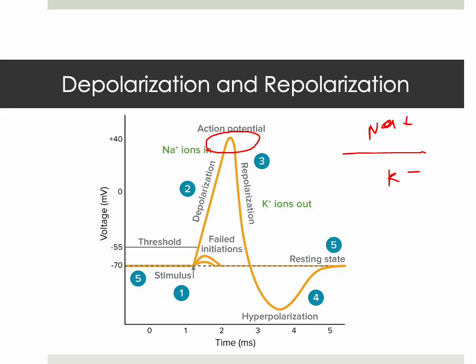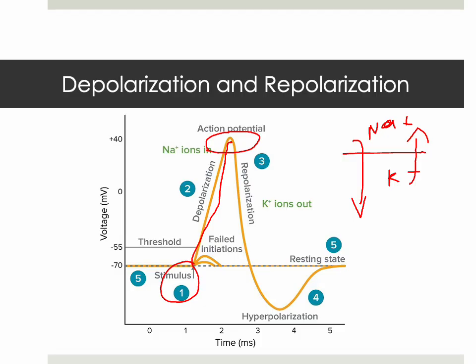So enough stimulus, meaning enough to reach the action potential, is going to happen. So the ion exchange happens. So what's going to happen is with the depolarization, sodium is going to go inside the cell, and potassium is going to go out at some point.